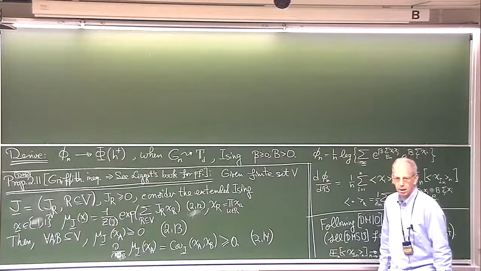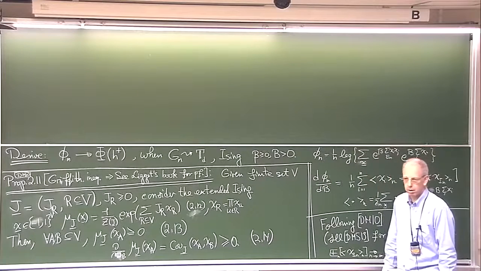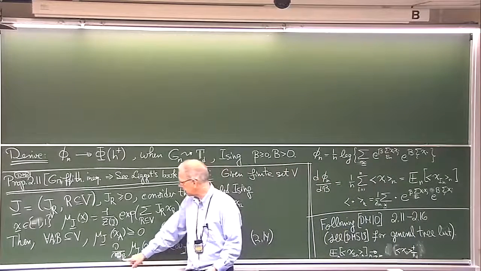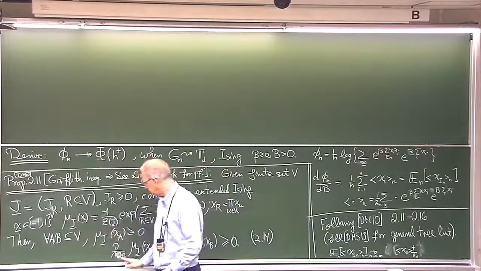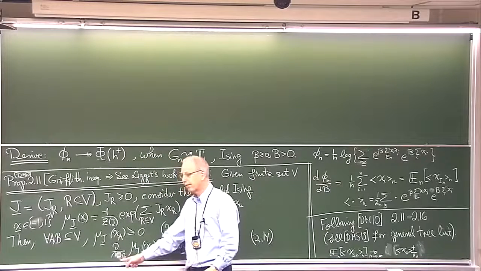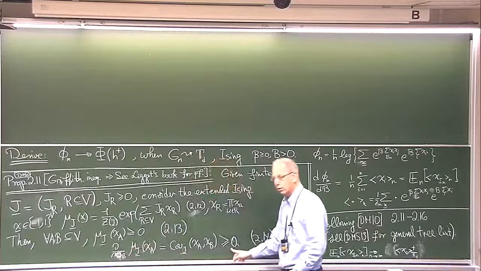So these values are actually positively correlated. J, remember, is different for every index, so I'm differentiating with respect to this particular parameter. This is a function of all the J's, and if I do this, I get a non-negative quantity.